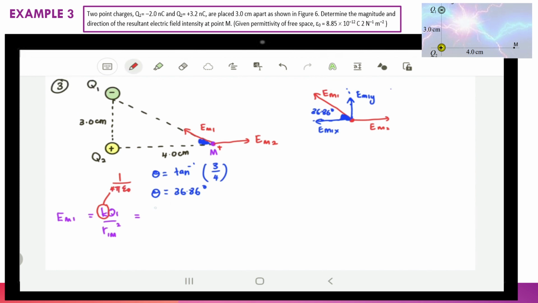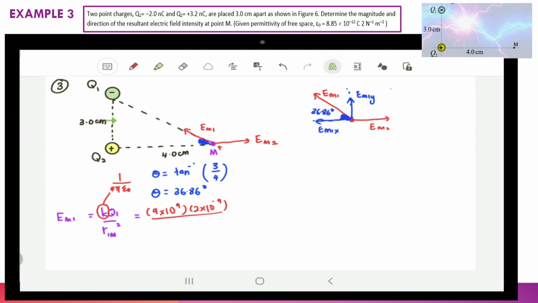Now let's substitute the value of K, which is 9 exponent 9. And then Q1, given that Q1 is equal to 2 nanocoulomb, over the distance between point M, look at here, we have point M. So the distance from point M to Q1 is 5 centimeter.